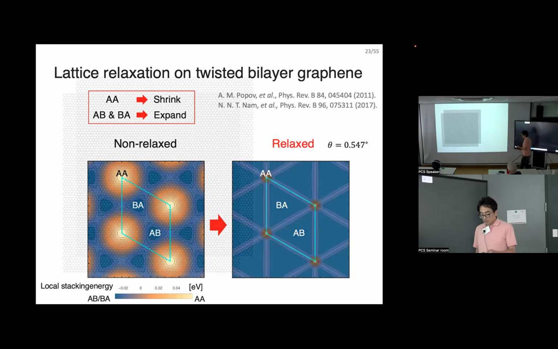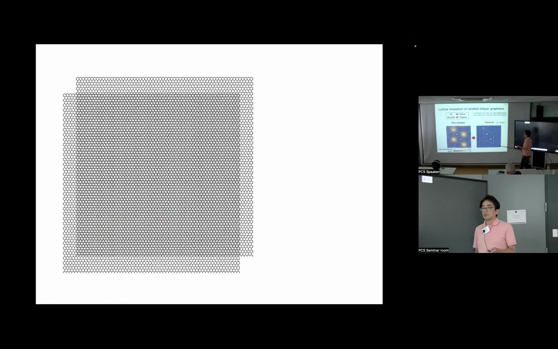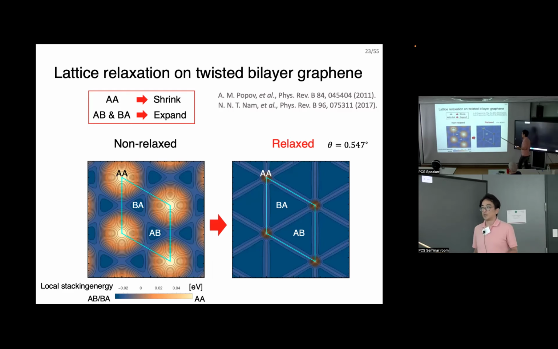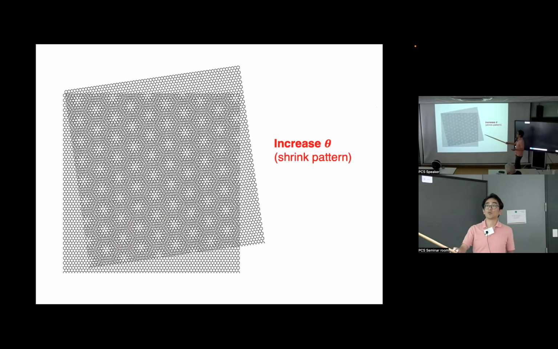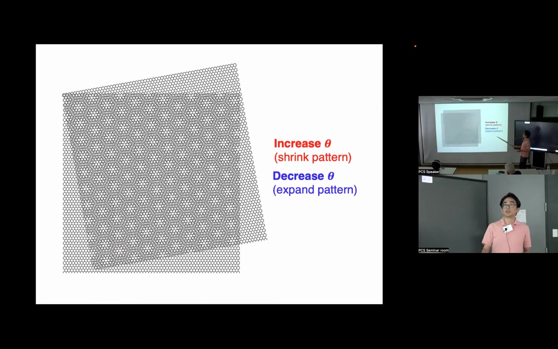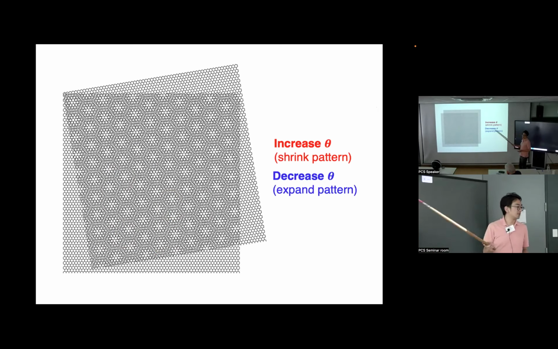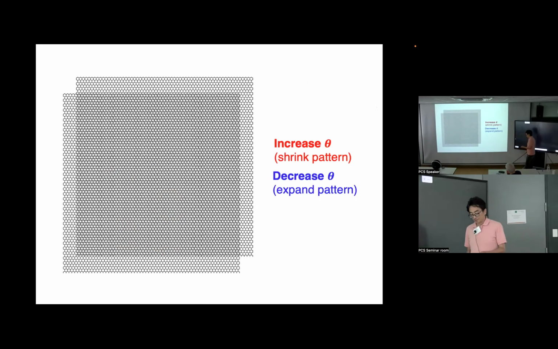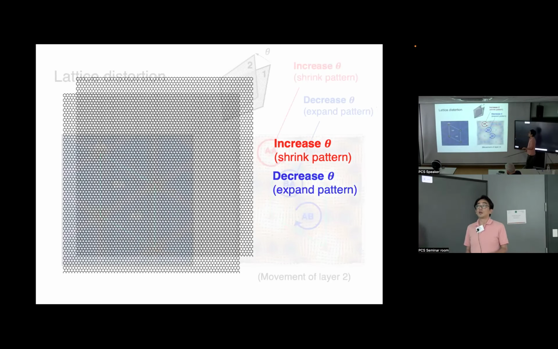Now how is graphene deformed to realize this structure? This is a graphene bilayer. The point is this: if you increase theta, then the Moiré pattern shrinks. If you decrease theta, then the Moiré pattern expands. The actual system uses this to get this.